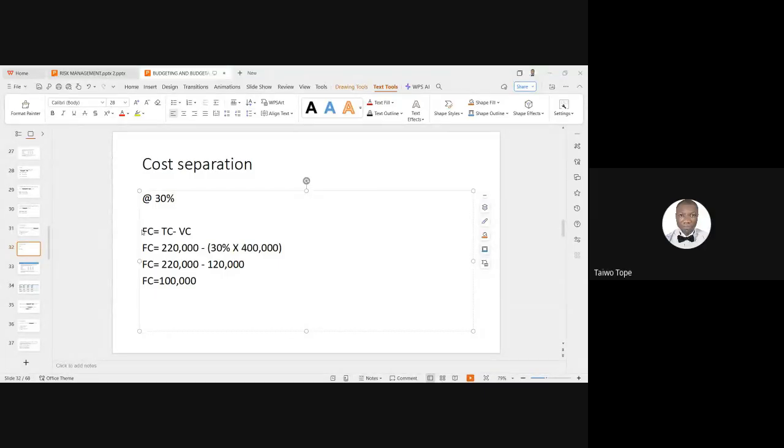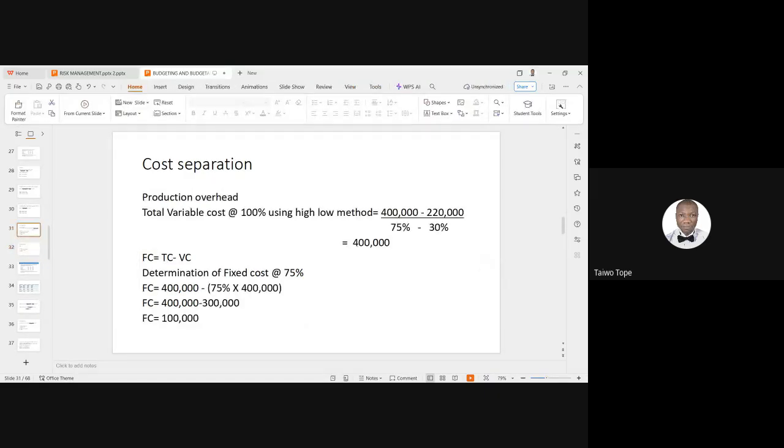Fixed cost is equal to total cost minus variable cost, because fixed cost plus variable cost is total cost. We have a clue to our variable cost, because we already have 100% of our variable cost, which is what?